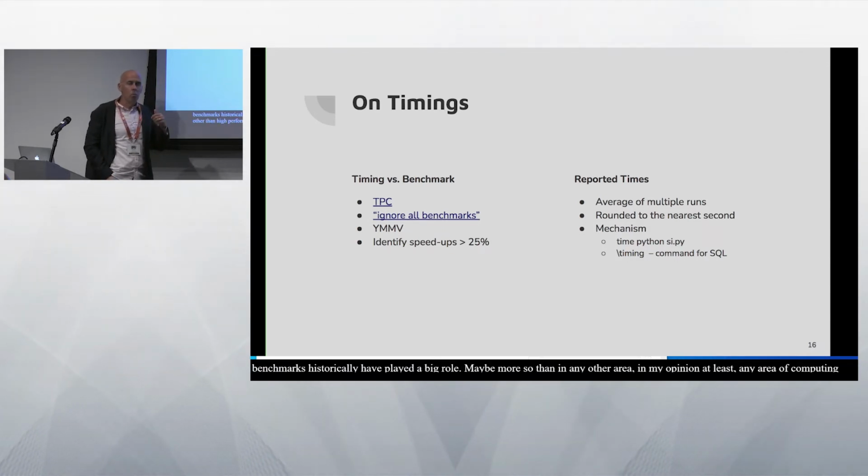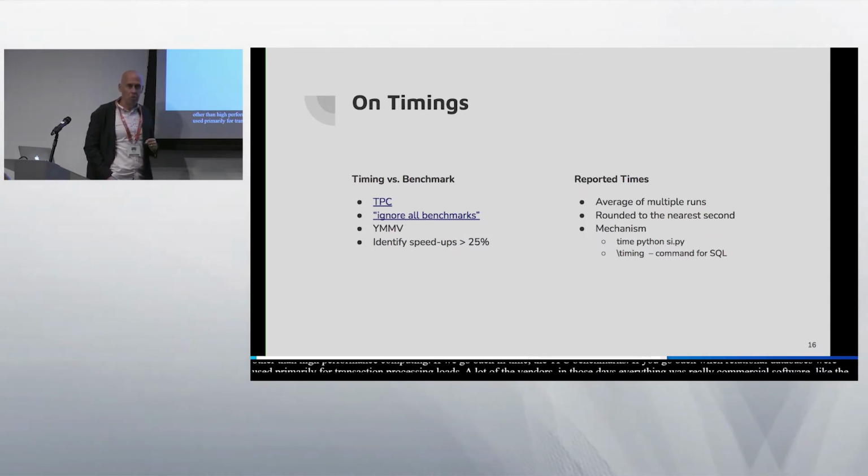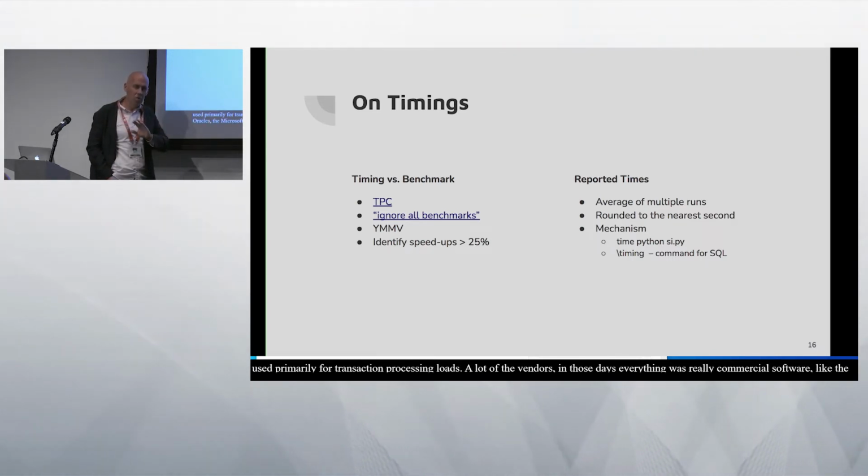If you go back to when relational databases were used primarily for transaction processing loads, a lot of the vendors in those days, when everything was really commercial software, like the Oracles or the Microsofts, would publish these benchmark results, the TPC benchmark. Originally, it stood for Transaction Processing Council.